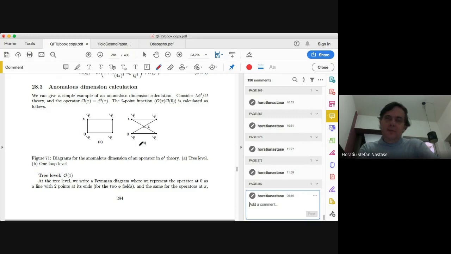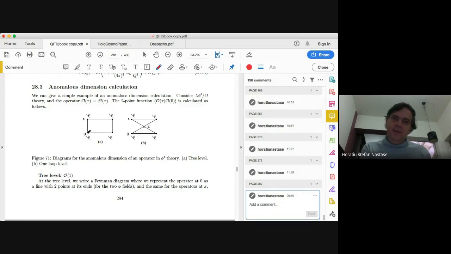So to calculate an anomalous dimension, we have to write Feynman diagrams. At the tree level, it means I don't have any interactions. I only have propagators. We represent the operator by point splitting, thinking of it as being regularized by point splitting.